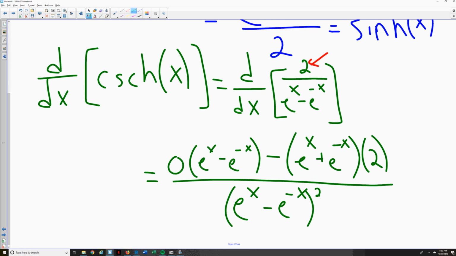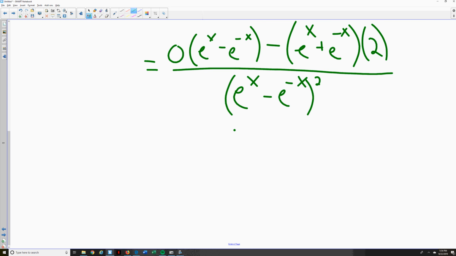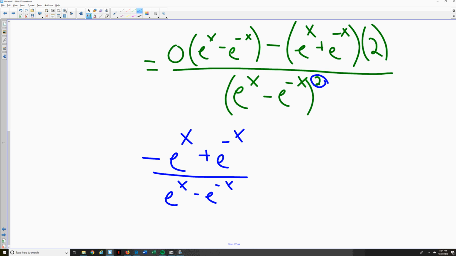Now you might look at that and think, how will we ever know what this is? But trust me, we'll find a way. Let's see what we can make of this. Hopefully you'll notice we have two parts here. We've got this squared, so we have negative e to the x plus e to the negative x over e to the x minus e to the negative x, and then we also have 2 over e to the x minus e to the negative x.